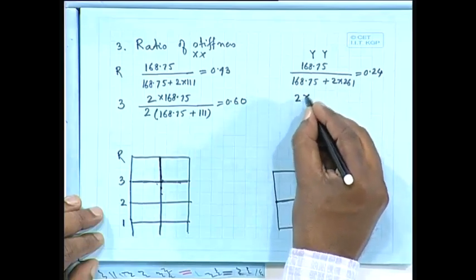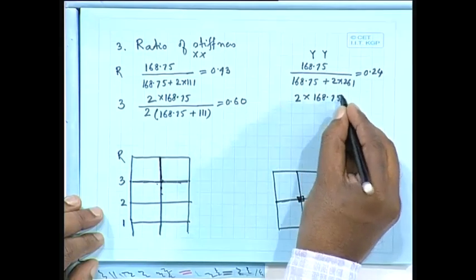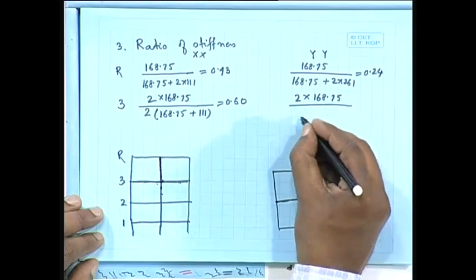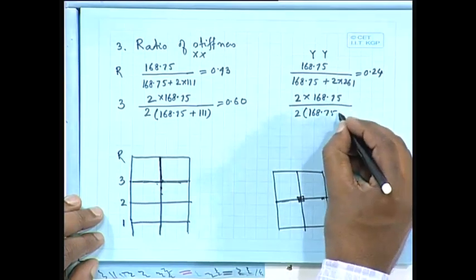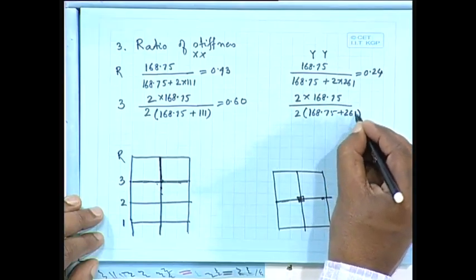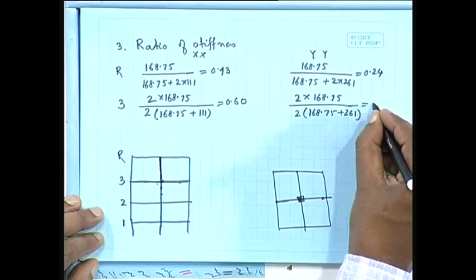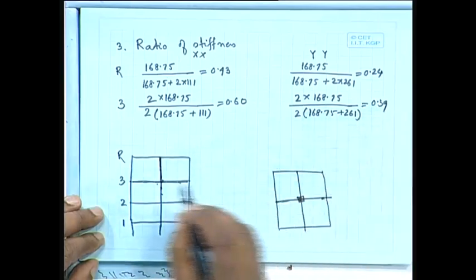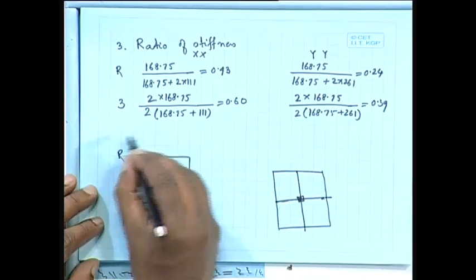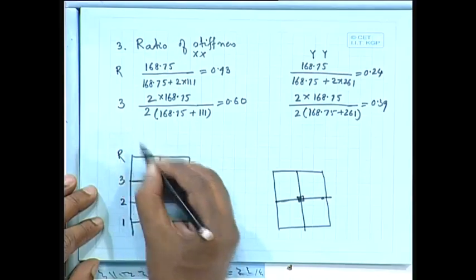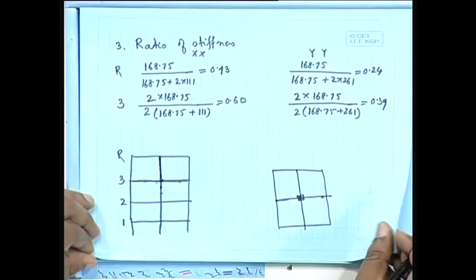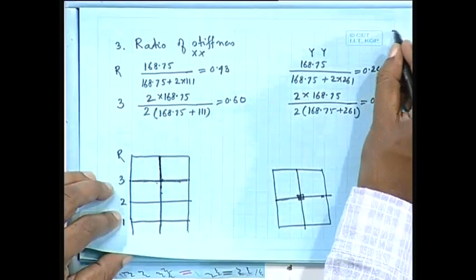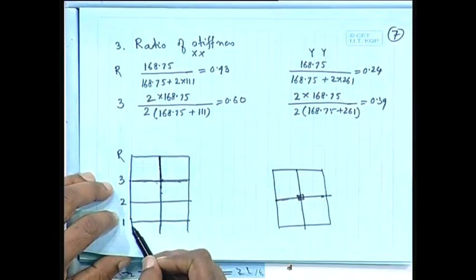Similarly, here also 2 into 168.75 divided by 168.75 plus 261, which comes as 0.39. So, similarly, we can come down, say, 2 also, 2, 1, all of them we can do it. The similar fashion we can do it. So, let us find out for 2 at this level, like that, let us find out.